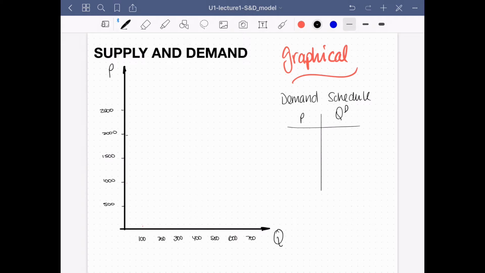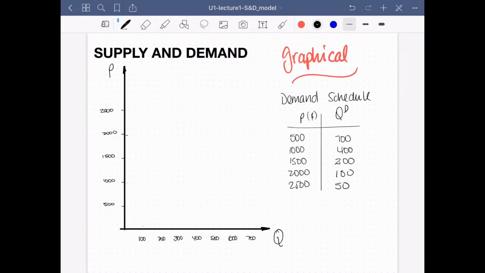So for instance, let's think of the housing market. Say that if rental prices are $500 a month, we will have 700 people total that are interested in living in a specific neighborhood. And when rent is $1,000 a month, we will have 400 people, and so on.